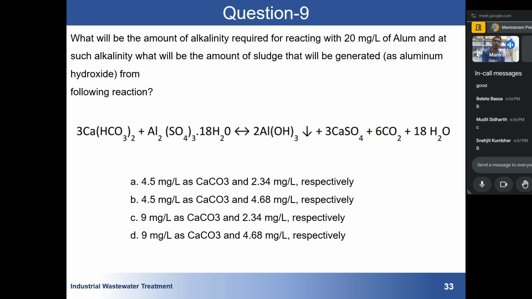What will be the amount of alkalinity required for reacting 20 milligram per liter of alum, and at such alkalinity, what will be the amount of sludge generated as aluminum hydroxide?